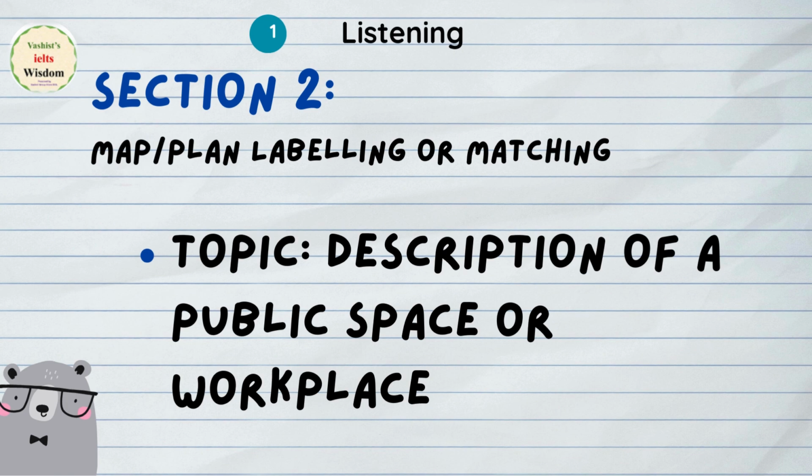Description means they will give you the map, describe the public location or your workplace location, and you need to label it, or maybe they can ask you to match. So please pay very close attention when you get this type of format in your listening. Listen very closely, and according to that you can put the number or label the heading they are asking for in the question paper.